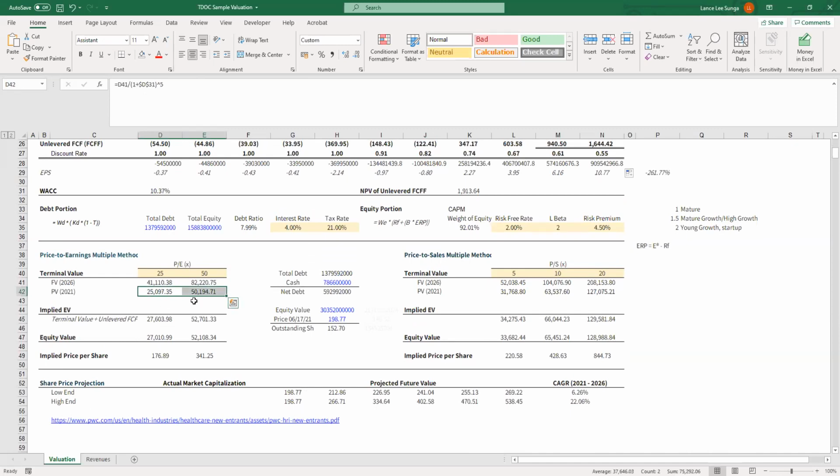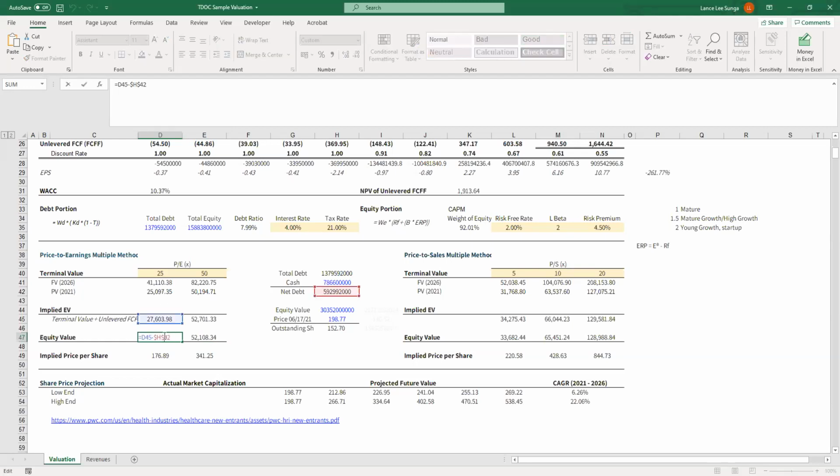From there, you have to get your equity value to arrive at your projected price per share. The way to do this is from your enterprise value. The enterprise value would be the present value of the terminal value, added to the net present value of your cash flows.